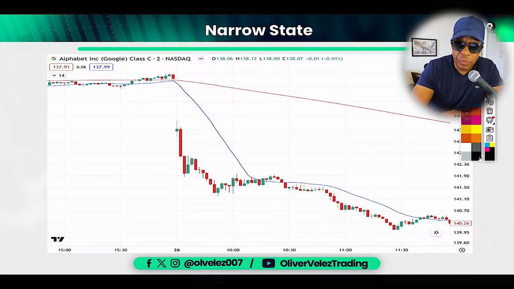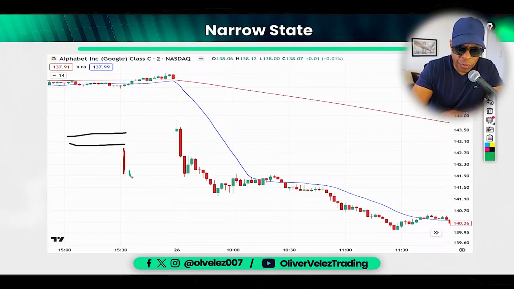So remember, guys, when you're below the narrow state, you want to see power red or color change, right? Green, then red takes out green. Whichever one really comes first doesn't matter. Here's power and here's color change.